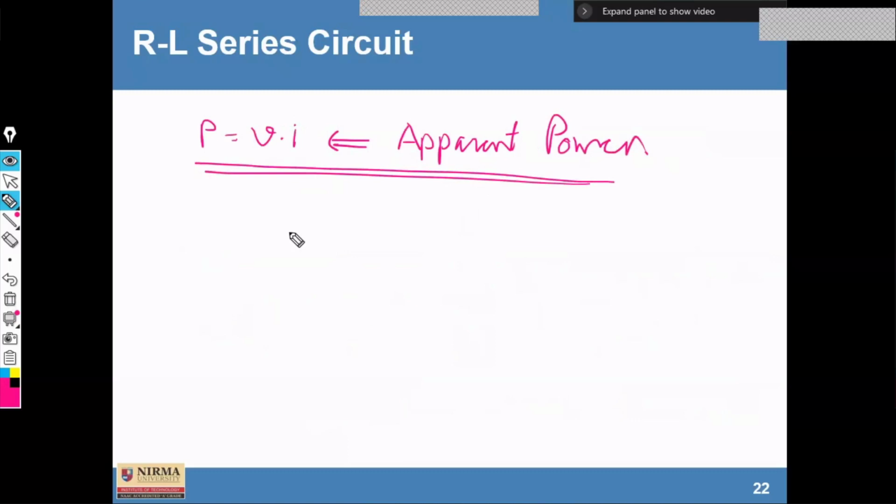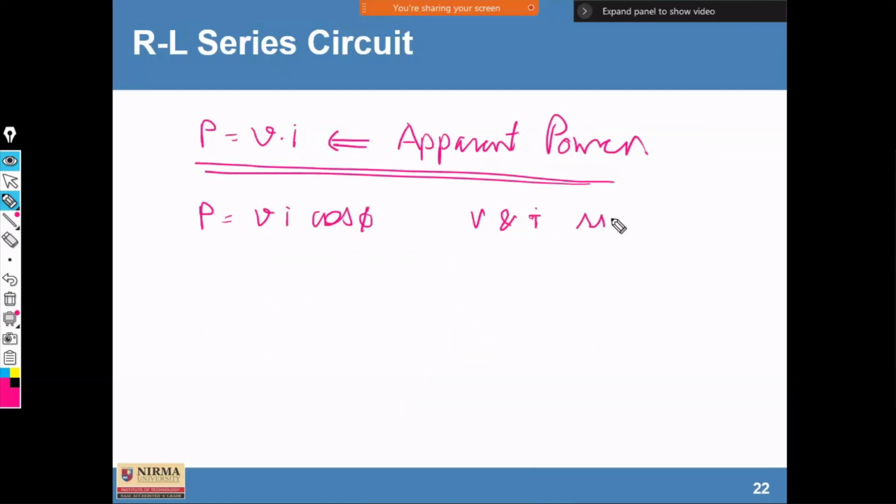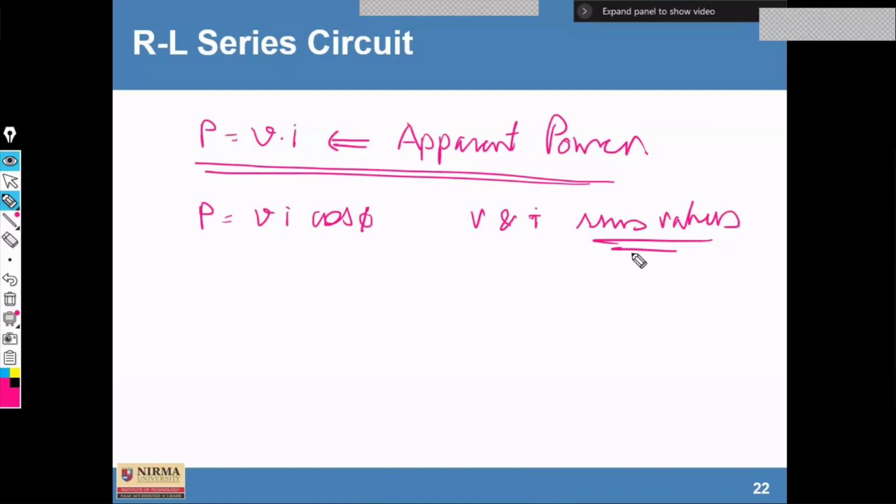But in case of an alternating current, we know that the power is VI cos phi, where V and I are RMS values. And this power is also known as active power.